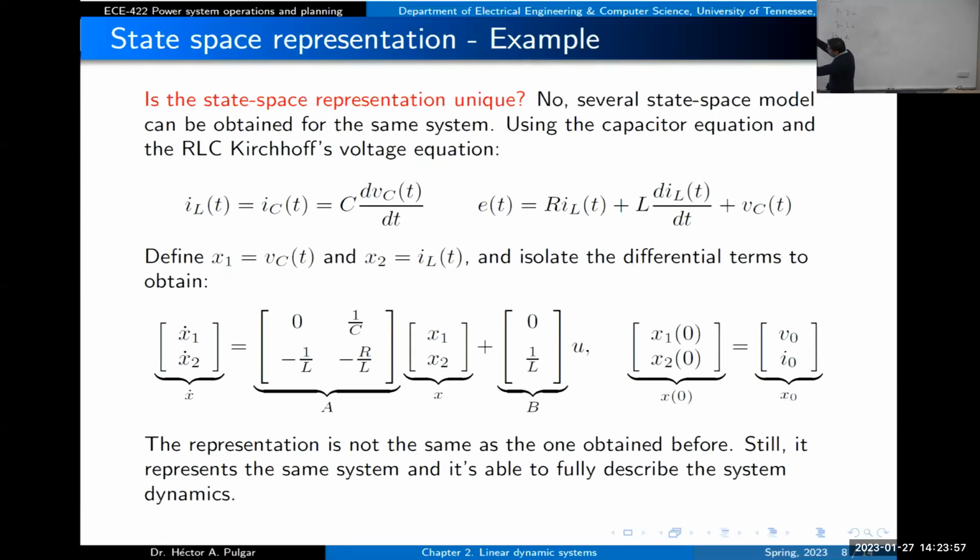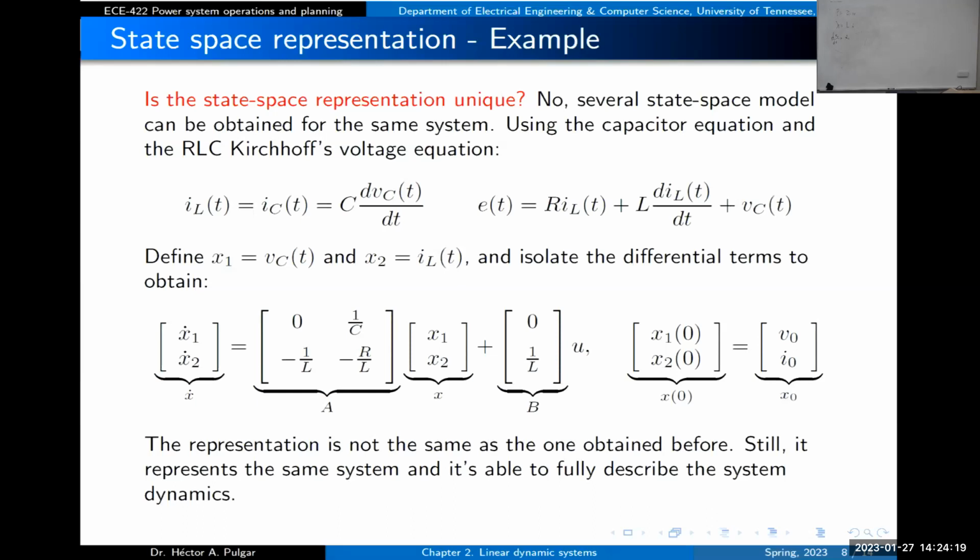So now that you have the equation in that fashion, how can you define a state variable? Maybe for each differential term, you pick a variable. You have a differential term for the current here. Well, the current can be one state variable. You have a differential term for the voltage. Maybe the voltage can be another variable.